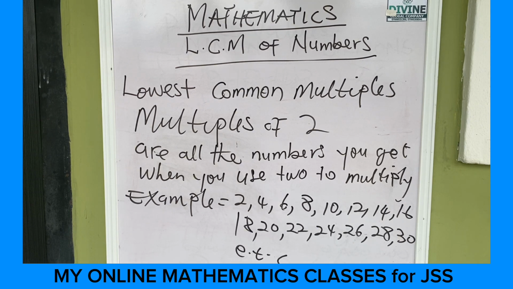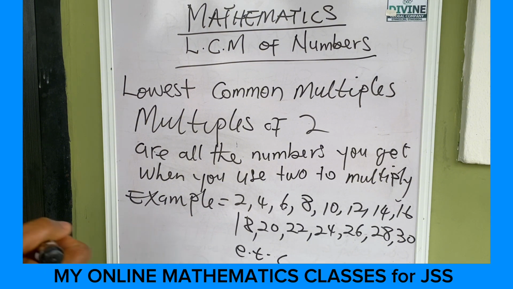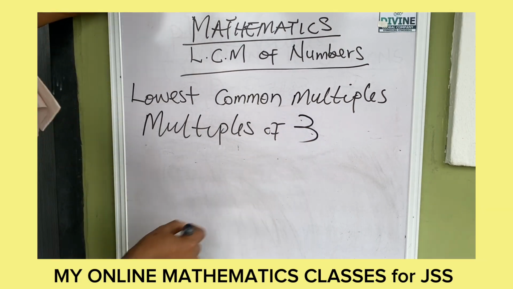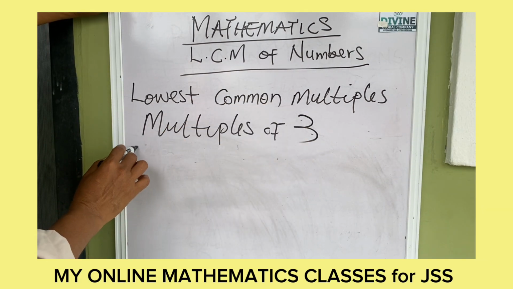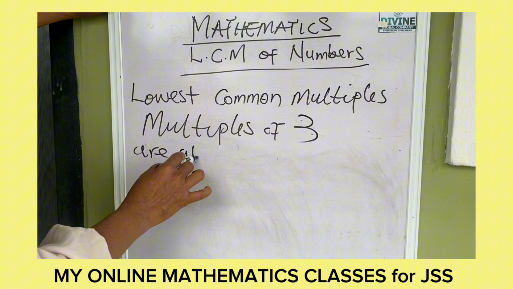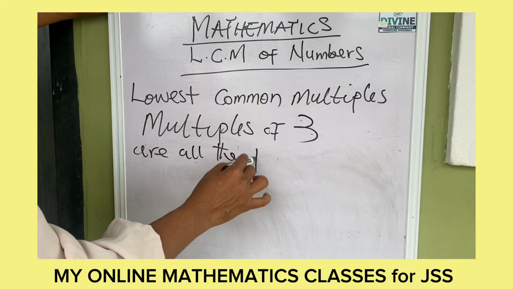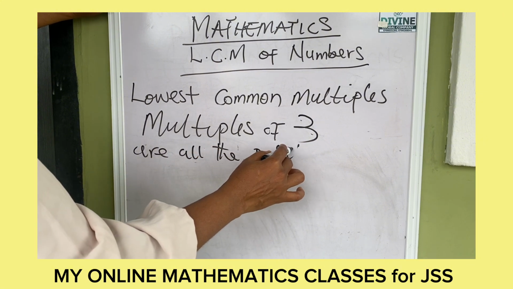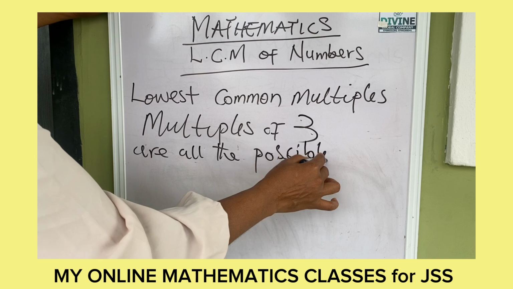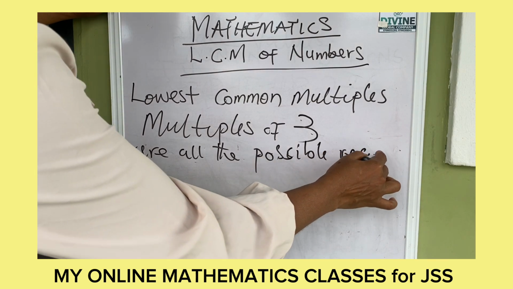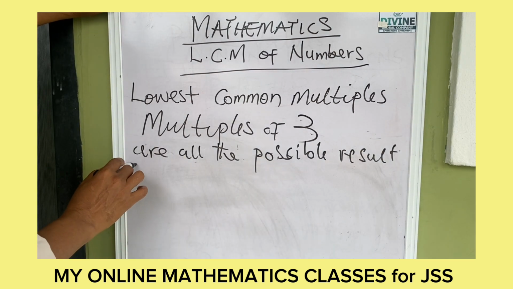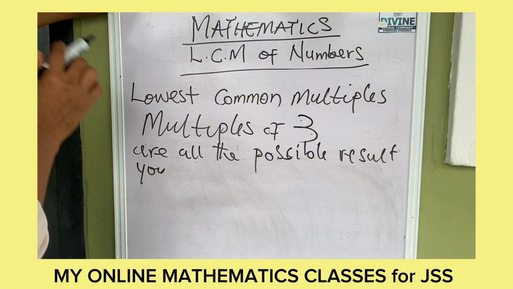All right, so now we are ready to keep counting. We can also refer to this as counting in twos. So when you say 2, you now say plus 2, you get 4. 4 plus 2, you get 6. Just like that. So also the multiples of 3, they are all the possible results that you can get from using 3 to multiply.